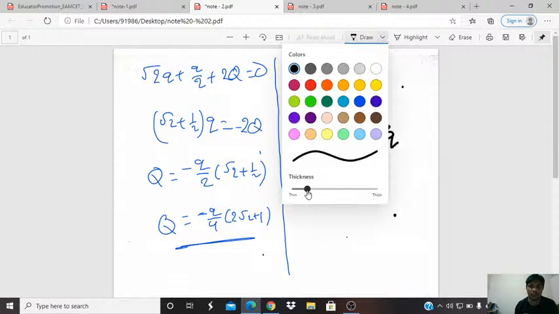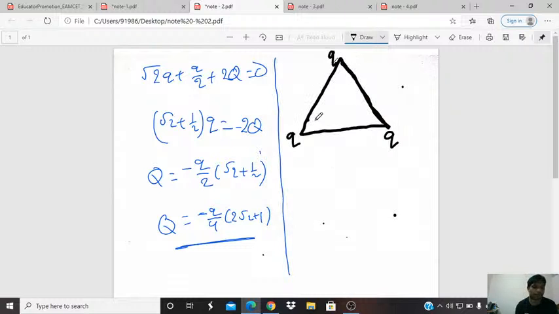Okay, now 3 identical. So, how much charge should be placed at the centroid? Centroid means center. So that the system remains in equilibrium. So, how much charge we should place at the center to get the system in equilibrium? If the system is to be in equilibrium, how much charge should we place here?